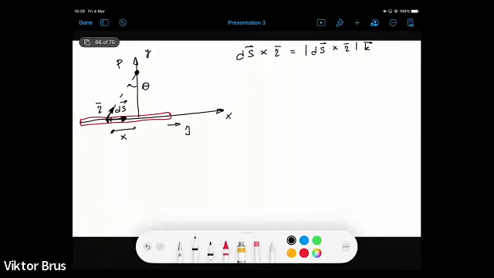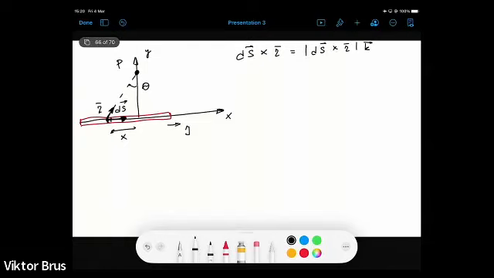So we know that the cross product of two vectors gives us a vector which is perpendicular to the plane defined by these two vectors.